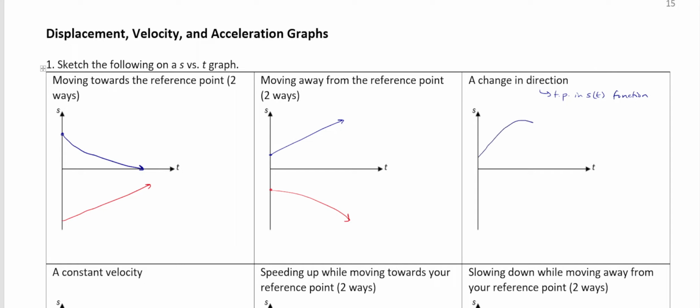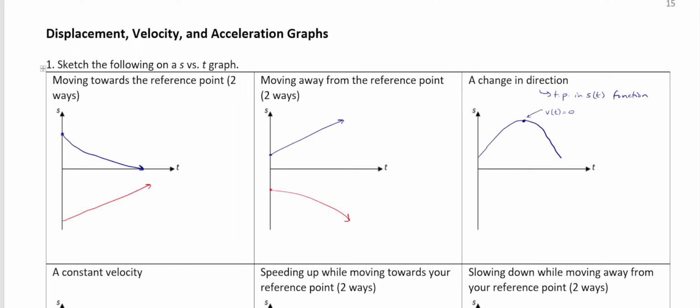This would be a change in direction. We have a turning point right here. At this point, the velocity is equal to 0. So at this point, your velocity, which is the slope of the graph, is equal to 0. And then you can see your velocity is going from a positive slope to a negative slope. So you can see that the velocity changes direction.